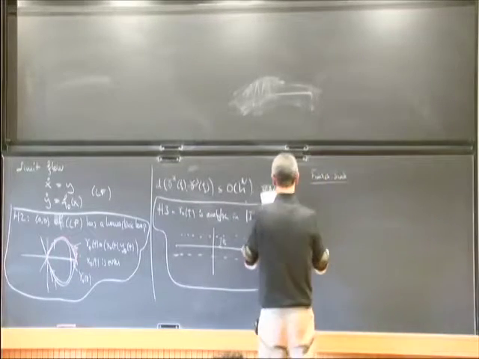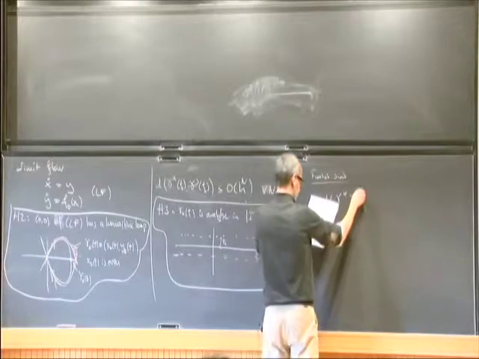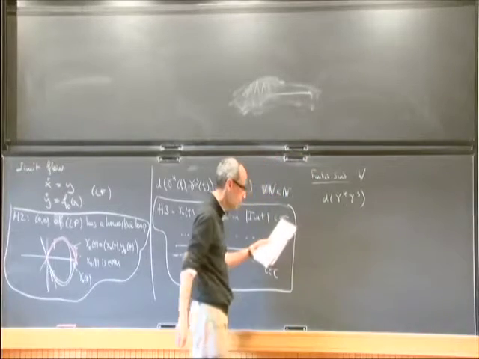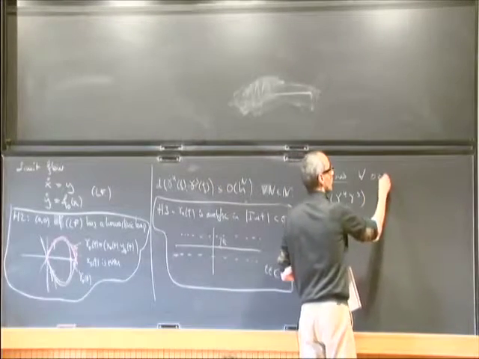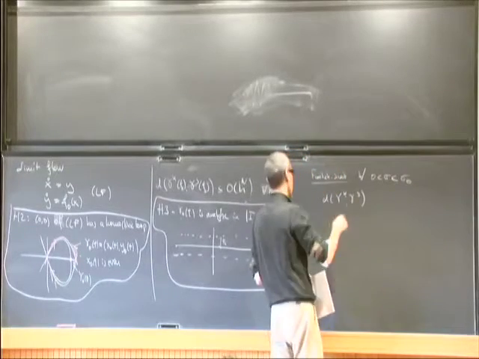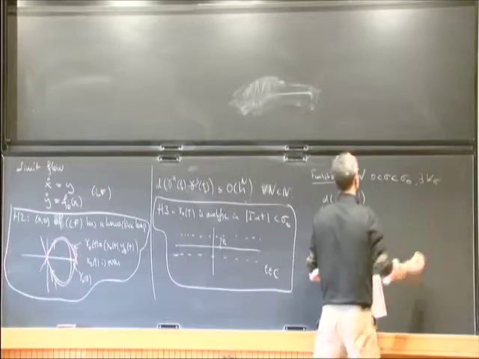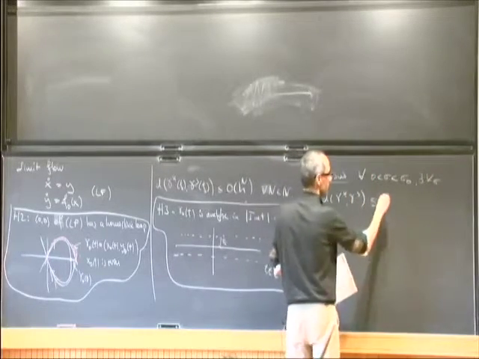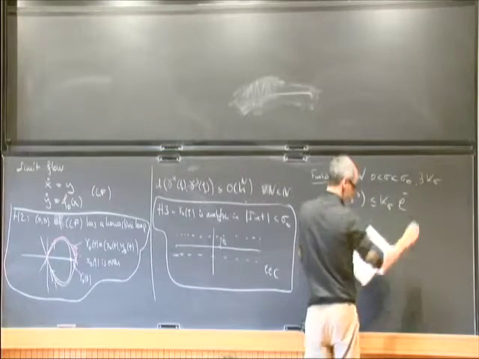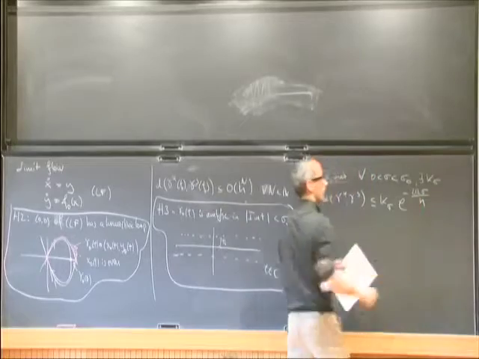In fact, what they prove is that this distance, again measured at some point, let me write the precise statement. For all sigma between 0 and sigma naught, there exists K such that this distance is less than or equal to K sigma to the minus 2 pi sigma divided by h.